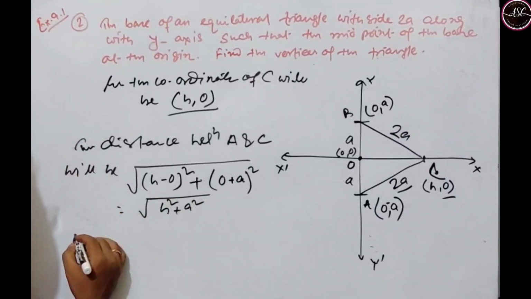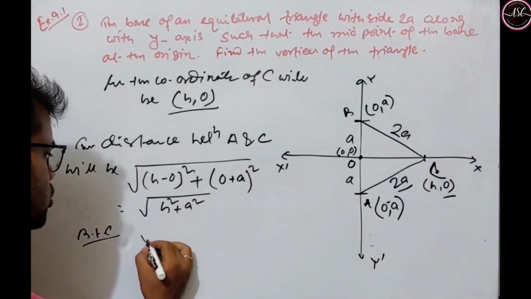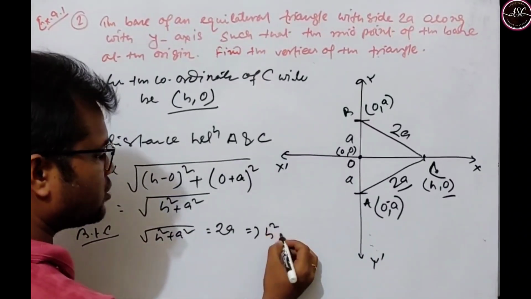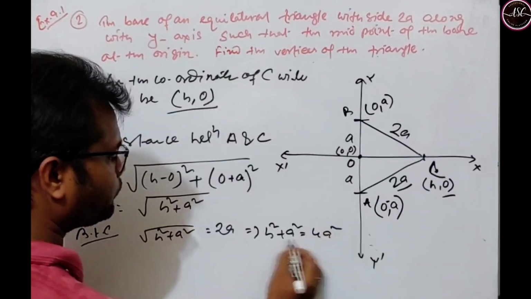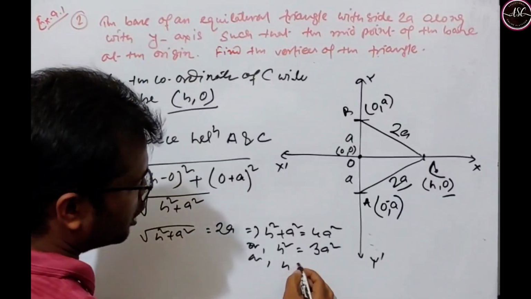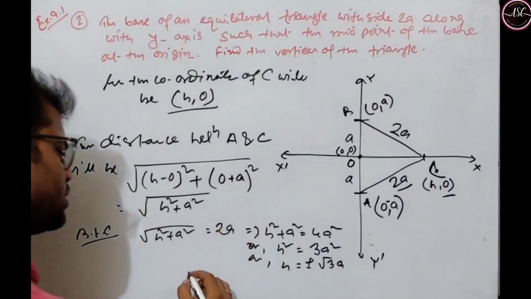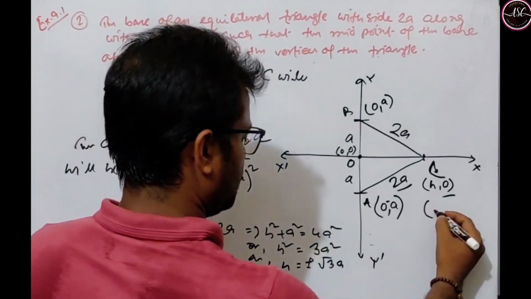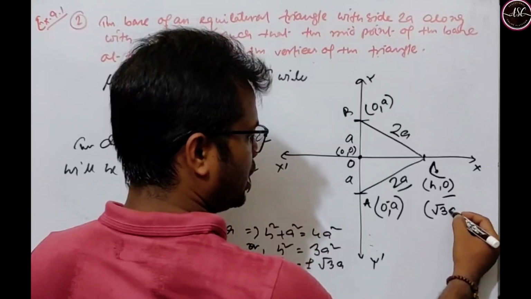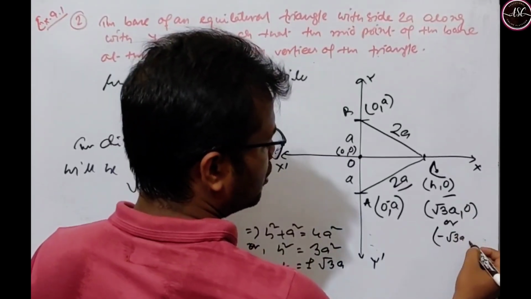Okay, so by the condition we have this equal to 2a, so root over h square plus a square equal to 2a. So h square plus a square equal to 4a square, or h square is equal to 3a square, or h equal to plus minus root 3 a. So the coordinate of C will be either root 3 a comma 0 or minus root 3 a comma 0.